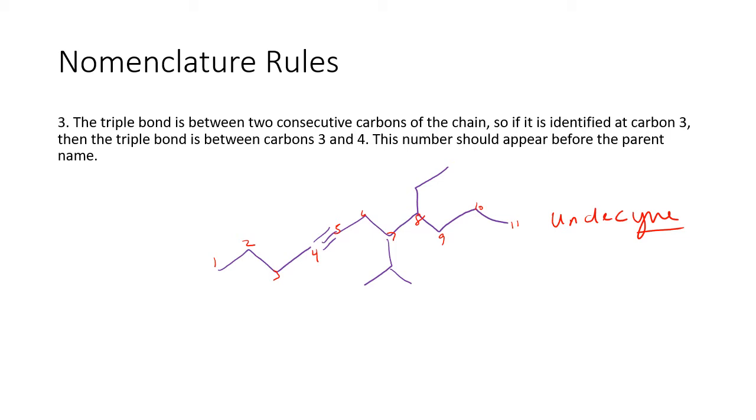This rule is saying that the position is at number 4, so we throw a 4 out in front of our undecyne, and 4 tells us that's where the "-yne" is at, the triple bond. So what are our other substituents?